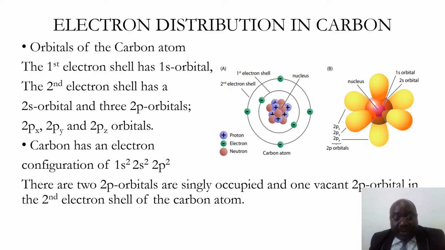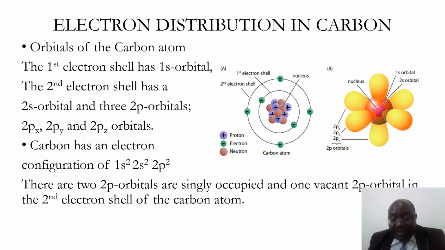Now, going back to our carbon atom, the first electron shell has one s orbital with 2 electrons. Then the second electron shell has a 2s orbital which has 2 electrons. In that second electron shell, we have 3 p orbitals: 2px, 2py, and 2pz. The 2 electrons that remain occupy these orbitals because they are of equal energy.